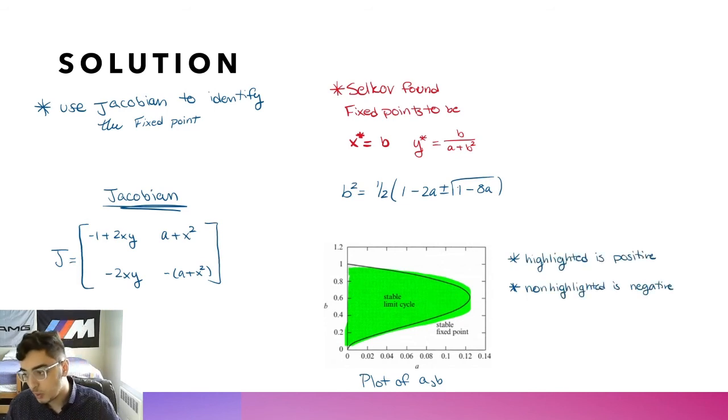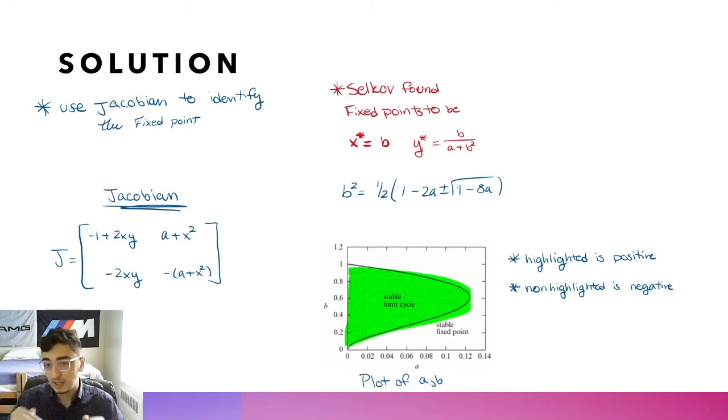But what he found was that in a certain region, it's a stable limit cycle, and in another region, it's a stable fixed point. As we described earlier, a stable limit cycle has a boundary where the trajectories are going towards it on the inside and towards it on the outside. So both the inside and outside are traveling towards that limit.